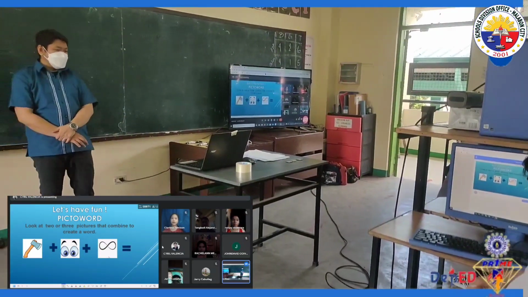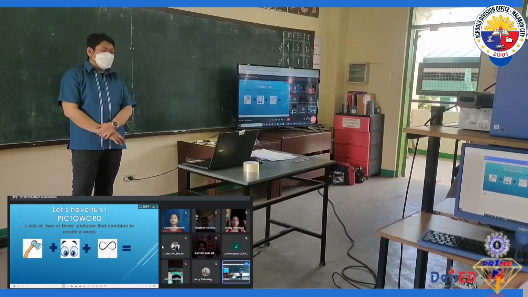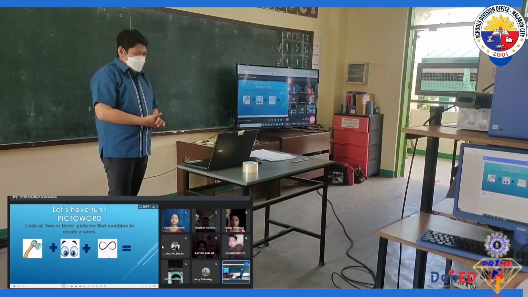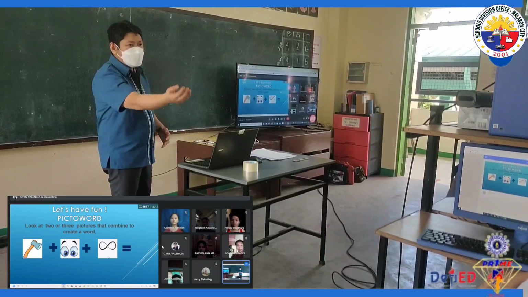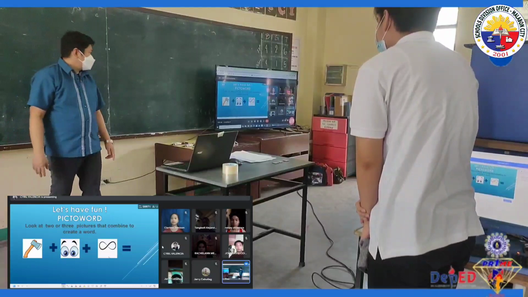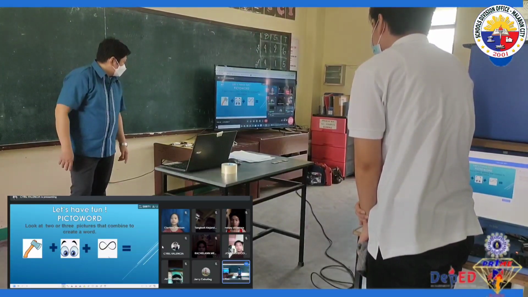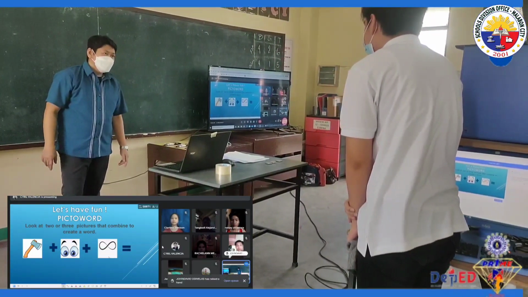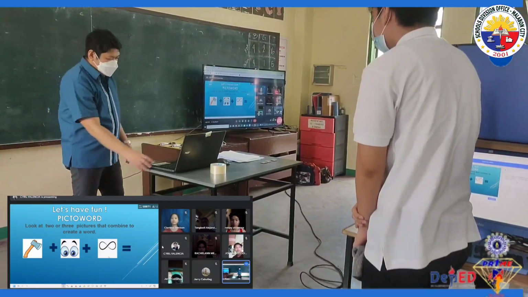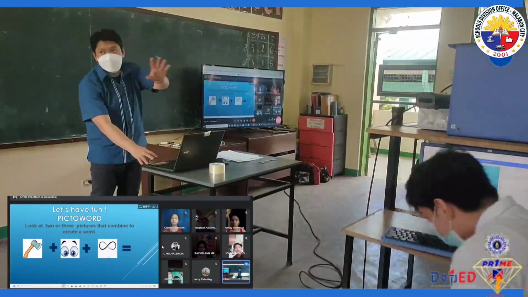Look at 2 or 3 pictures that combine to create a word. Okay. Would like to answer on this? Volunteer? Okay, may stand up here. An axe and a pair of hands to see and infinity. So, what do you think is that? Axie Infinity. Okay, Axie Infinity.